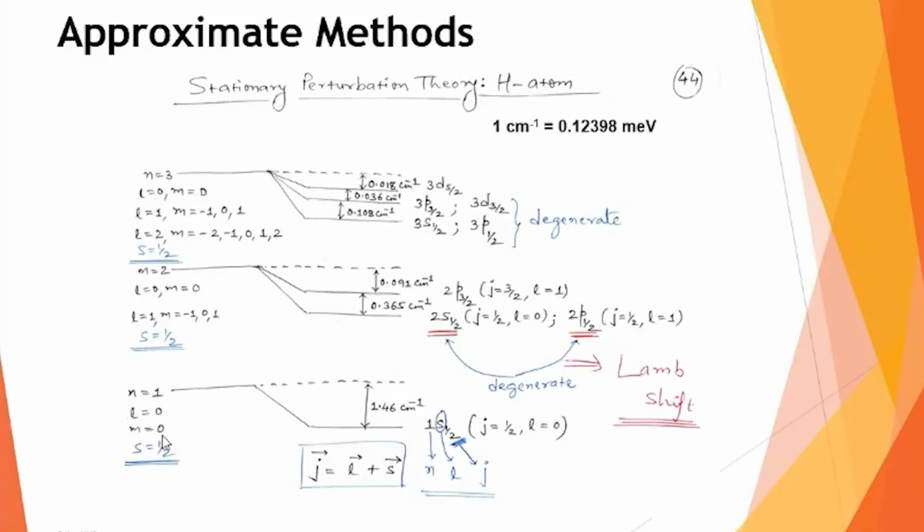H cut I'm not writing; I assume H cut as 1. So this is my ground state energy. Similarly, above that, I have another energy level corresponding to n equals 2. Of course, when n is 2, L has two possibilities: L is 0 and L can be 1 also. Correspondingly, M will have different choices. S is still half. This is the second excited state.